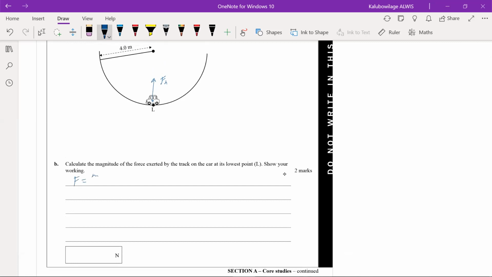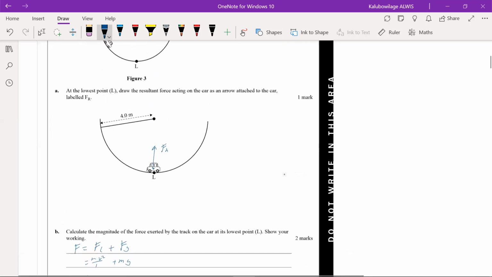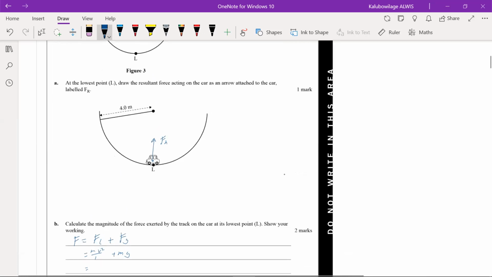So centripetal force, and at that point the gravitational force is also acting on it. So m v squared over r plus g. Mass is 2 kilograms.